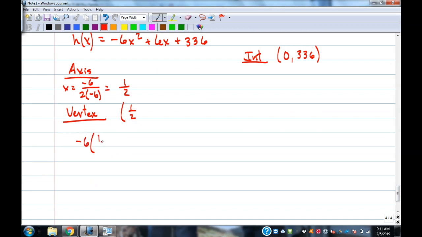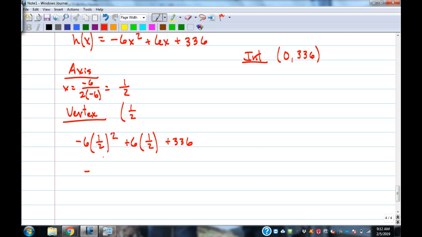So we're plugging a 1/2 into our problem to work it out: -6 times 1/2 squared plus 6 times 1/2 plus 336. 1/2 squared is a fourth.